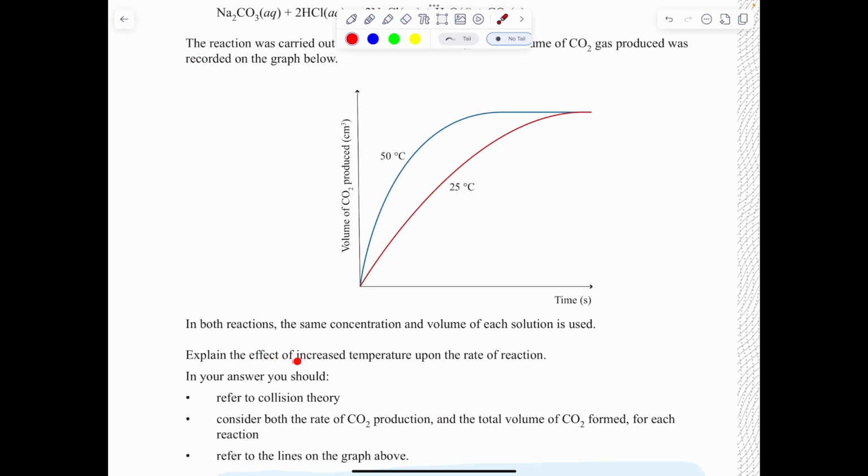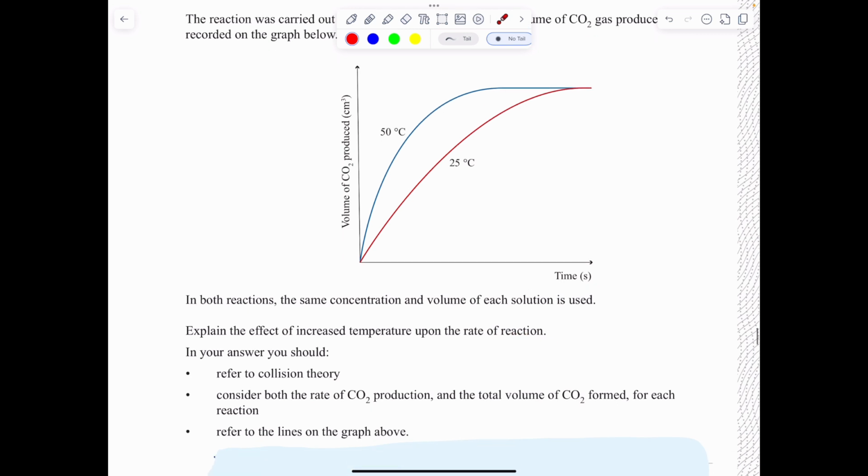Explain the effect of increased temperature upon the rate of reaction. In your answer, you should refer to collision theory. I feel like pink. Collision theory. Consider both the rate of CO2 production, the rate, and the total volume formed for each reaction.